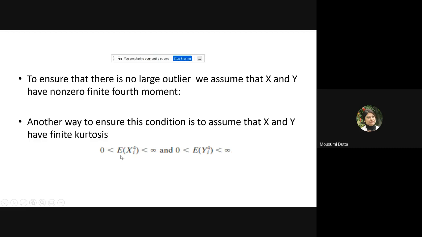In other words, expectation of xi to the power 4 or expectation of yi to the power 4, all these values will lie between 0 and infinity, strictly less than infinity. It should have finite kurtosis. These two things are equivalent. If there is finite fourth moment, then only you will be able to have finite kurtosis.